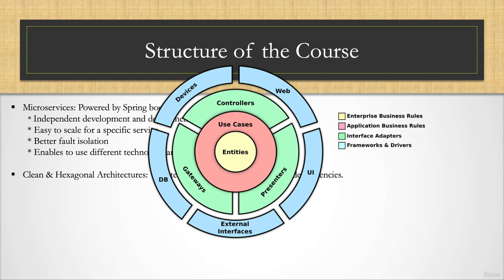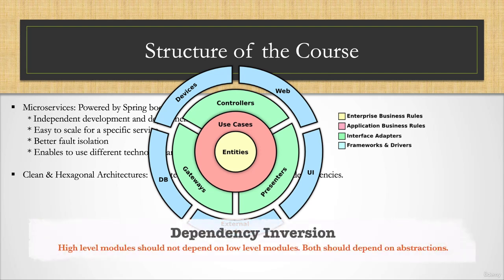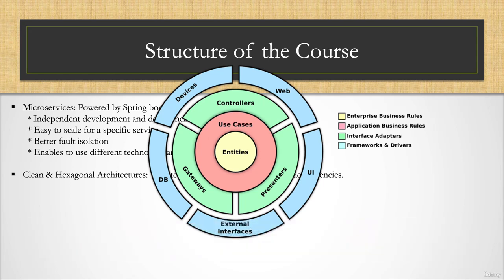Clean architecture uses the principle of dependency inversion to strictly follow the dependency rule that only allows an outer ring to point to an inner ring and never the other way. I will explain the details of these architectures in the coming lectures, and most of the time I will use the terms clean and hexagonal interchangeably.